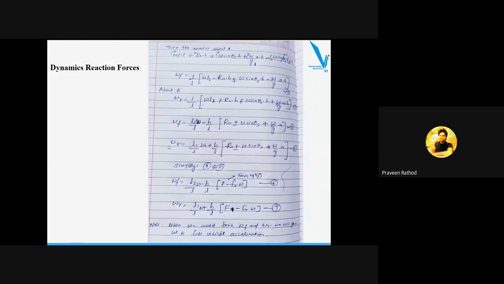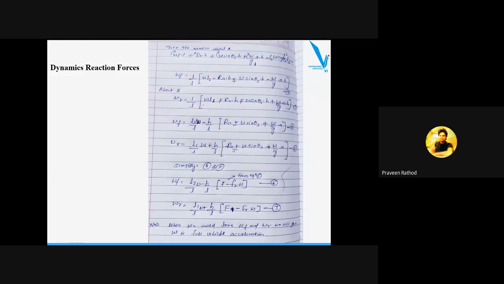Other than that, the reaction force at the rear wheel tire will be L1 divided by L multiplied by W plus H divided by L, RA plus or minus W sin theta S plus W by G into A. This will be similar and this will be also similar. When we simplify both the equations, equation 4 and 5, how can it be written again?